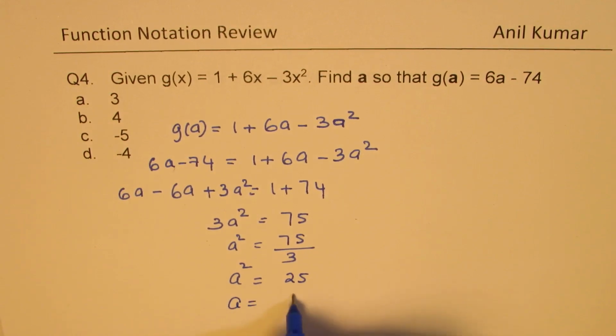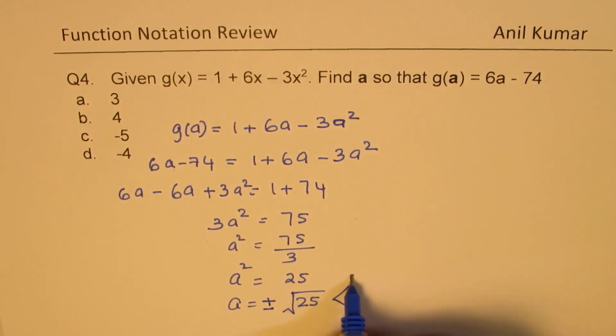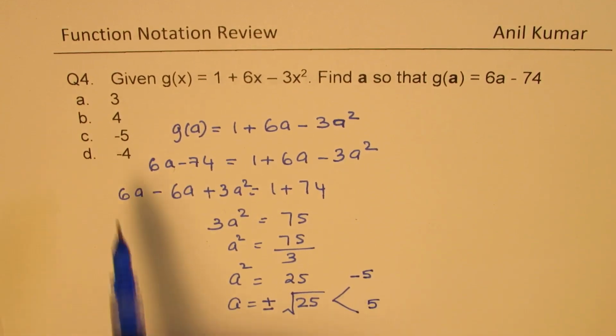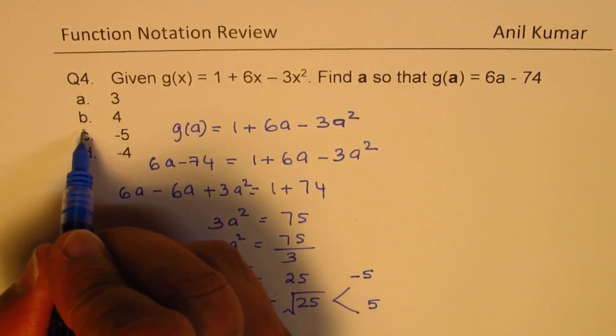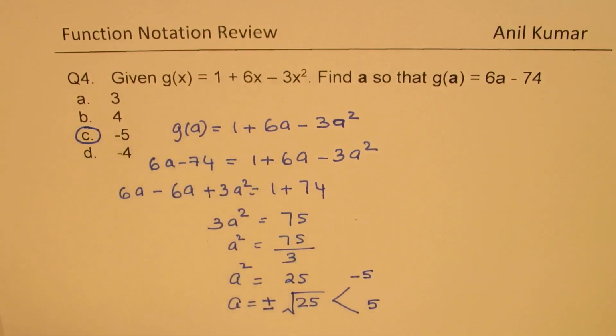So a squared is 25. So a is equal to the square root of 25. Now whenever you do a square root, remember to do plus and minus. So we get two answers here. One is minus 5, the other one is plus 5. The options include minus 5, so we'll select that as our right answer. Is that clear to you?